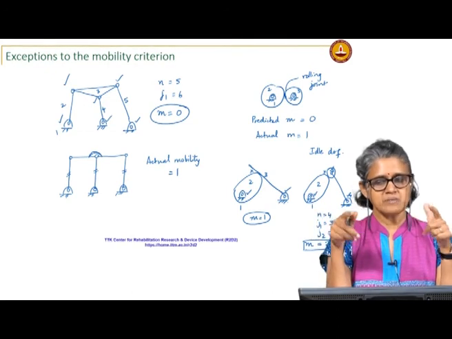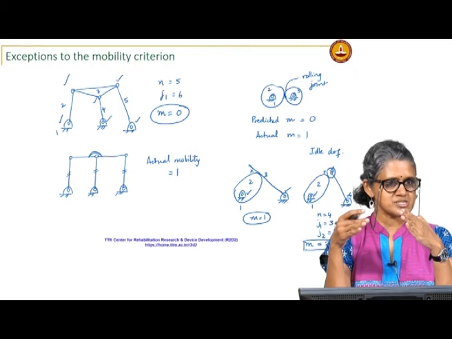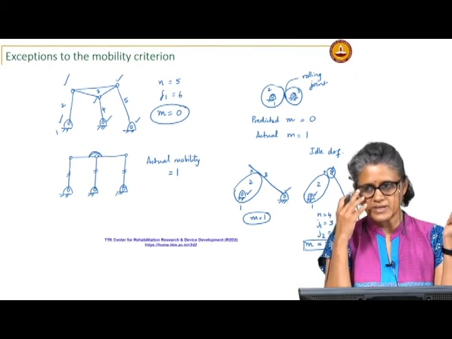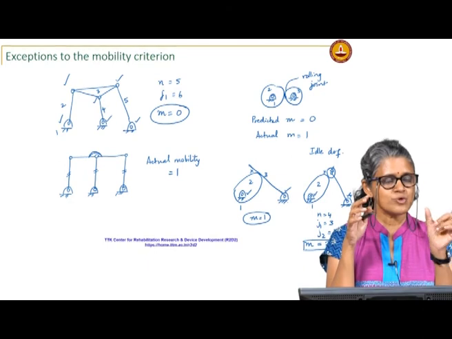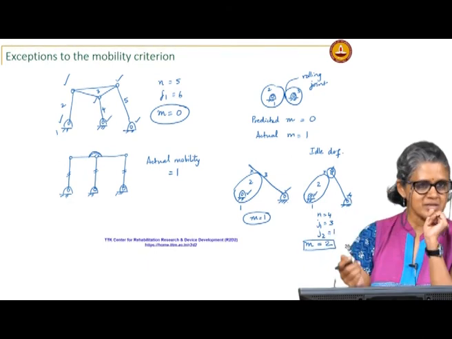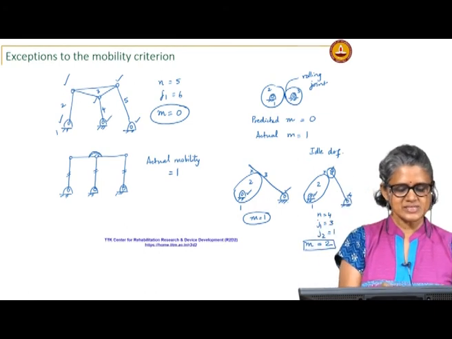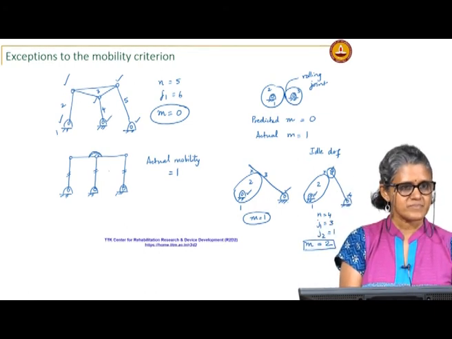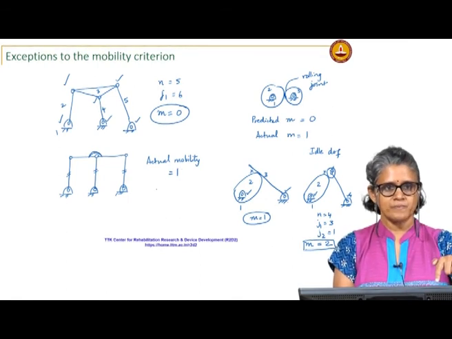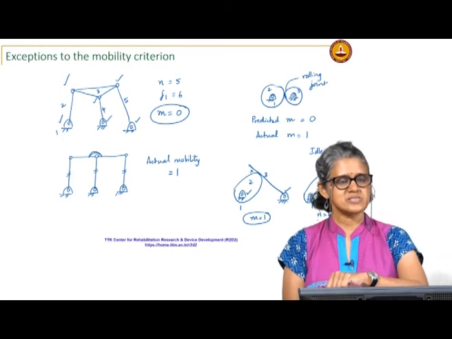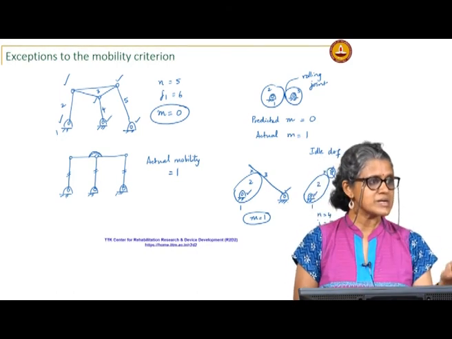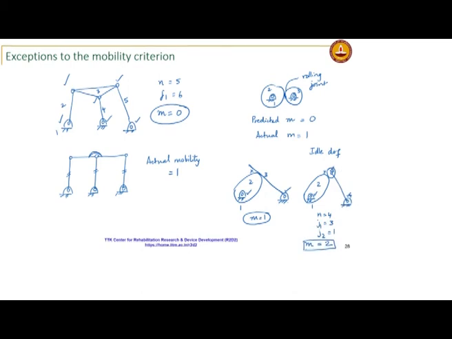So, any degrees of freedom that do not affect the input output relationship are called idle degrees of freedom, and they will over predict the mobility of the mechanism. So, in some cases, in this case the mobility was under predicted, because the actual mobility is 1, the equation tells you it is 0. In this case the equation tells you it is 2 when the actual mobility is still 1. So, you have to be careful to see actually what is happening with the mechanism.